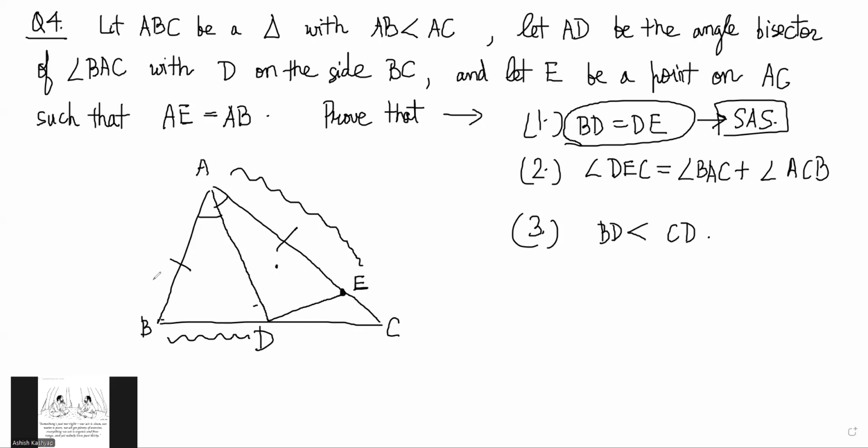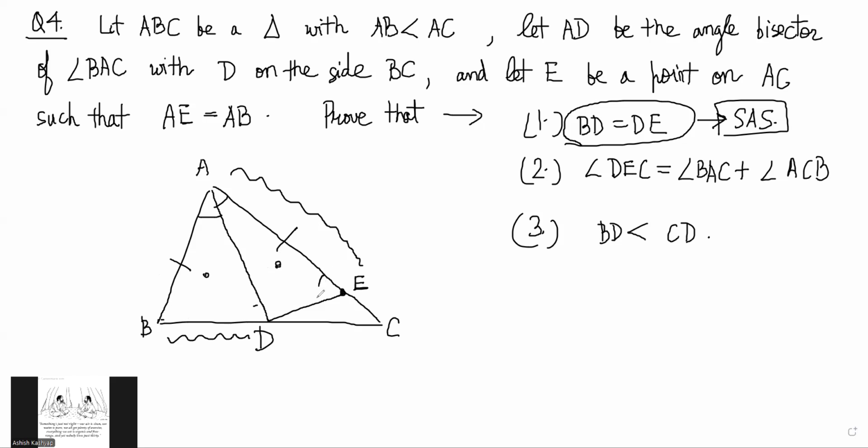For the second part, angle DEC is to be proven equal to BAC plus ACB. Because these two triangles are congruent, I know this angle is equal to this angle. Let me just verify. I don't think so.